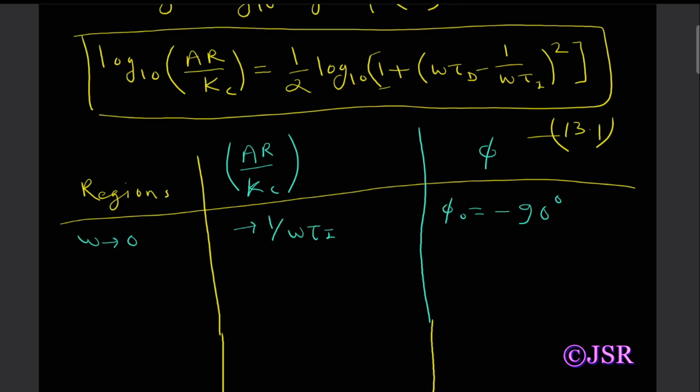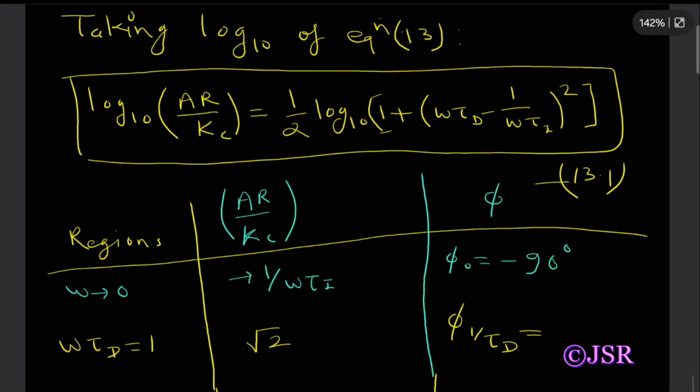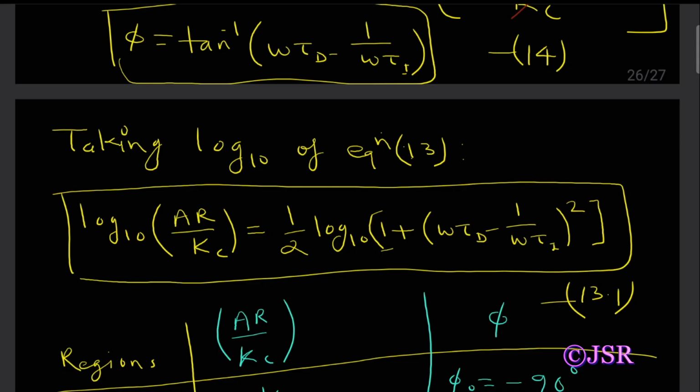So when omega tau d equal to 1, so at the corner frequency, when omega equal to 1 upon tau d, AR by KC will be equal to root 2 and the phi at 1 upon tau d will be equal to, so when omega tau d is equal to 1, this will be 1, right?